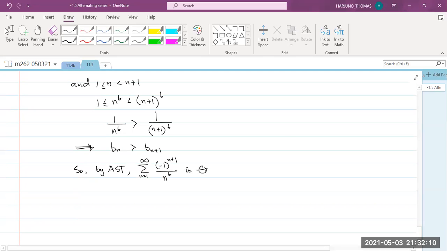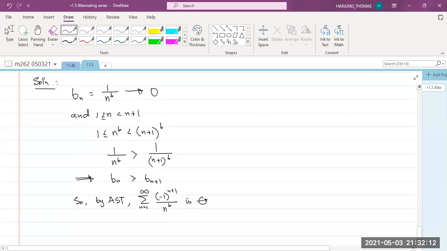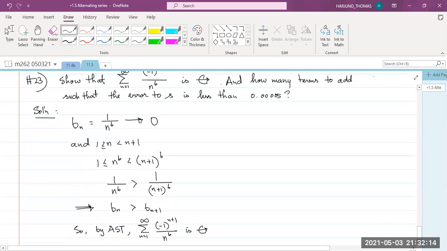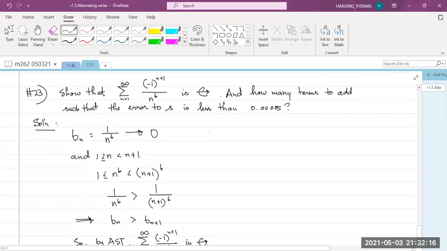Once we know it is convergent, then we have a reason to ask how many terms to add such that the infinite sum to that partial sum has error less than 0.00005.